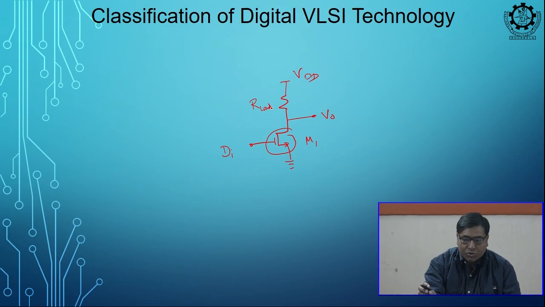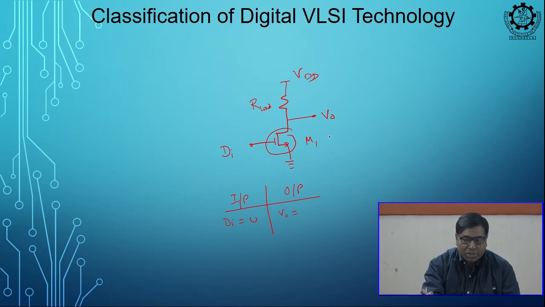This DI is your digital input, as we are considering this for a digital circuit. So, I have taken DI as digital input. Suppose your input is 0, what will be your output?